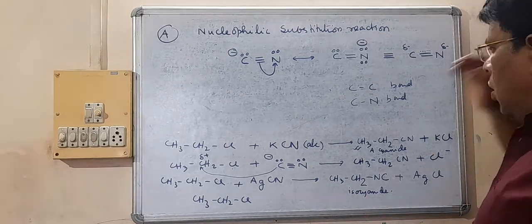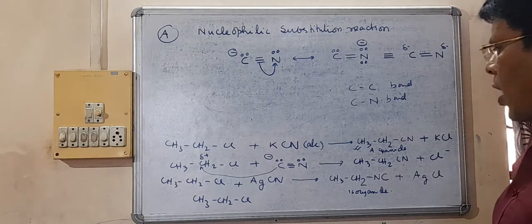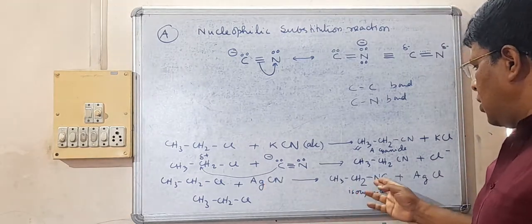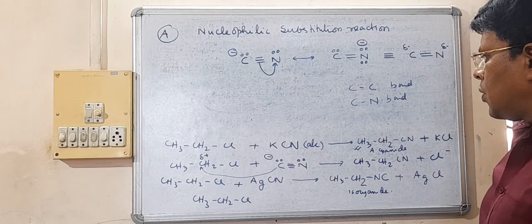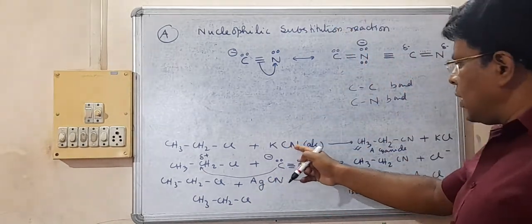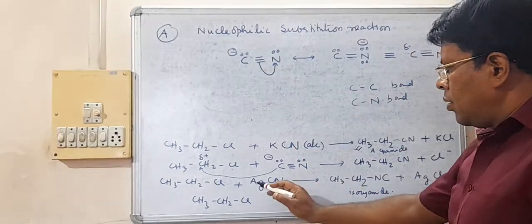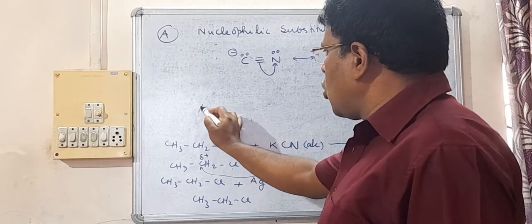So with KCN we get cyanide, but why in case of silver cyanide do we get isocyanide? It is because silver cyanide, unlike KCN, is not an ionic compound. KCN is ionic, so we started with this ion, but silver cyanide is a covalent compound.